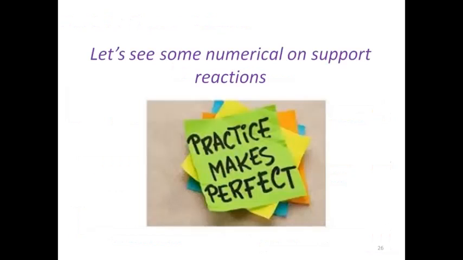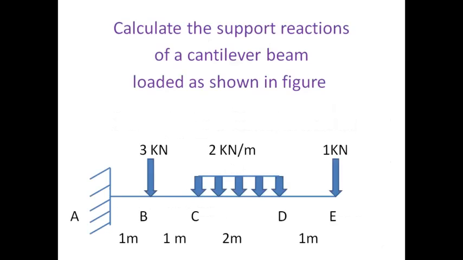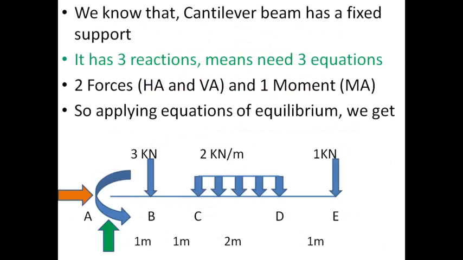Along with that, we also seen 1 or 2 examples, in which the first example was dealing with a cantilever. We drew the free body diagram at first, and identified it as a cantilever beam, means fixed support was provided. So a total of 3 reactions are developed: 1 vertical reaction, one horizontal reaction, and one moment.